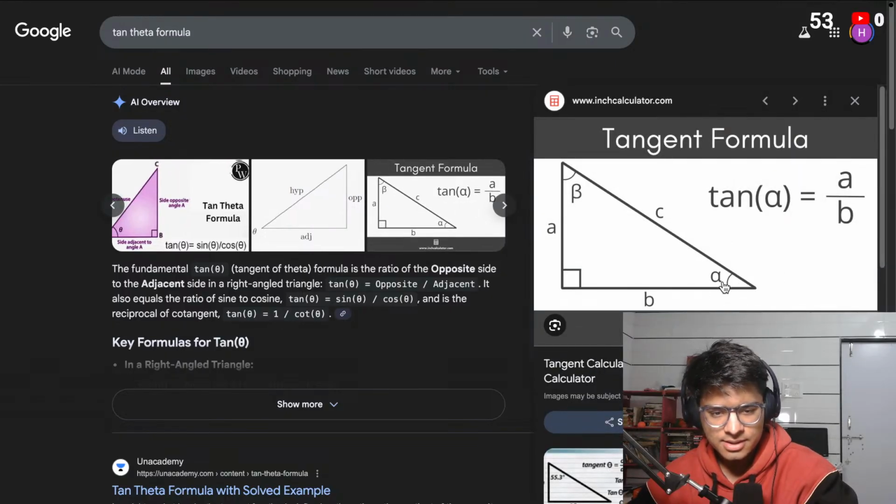Tan alpha is, no, opposite side upon adjacent side.